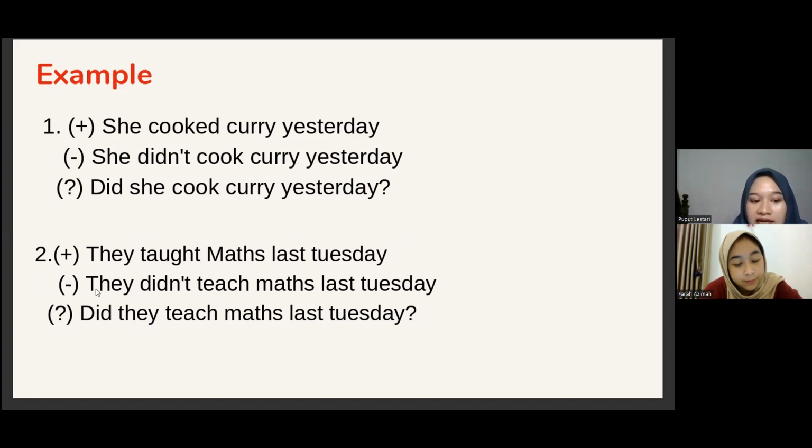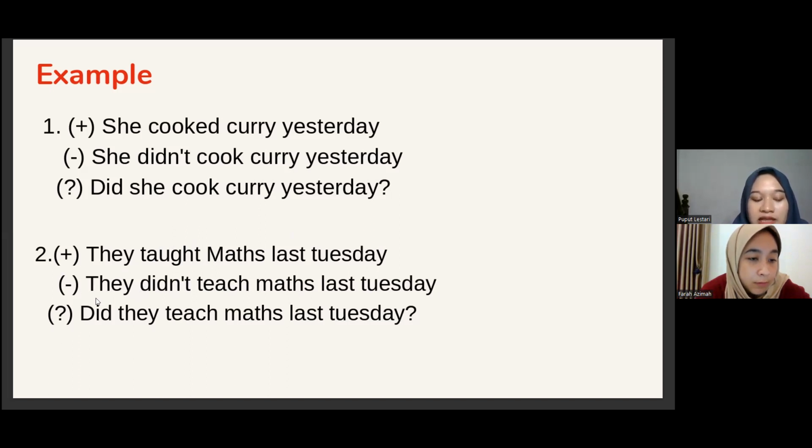And then in the negative sentence, they is the subject, add didn't because it is negative, and then verb 2 moves to verb 1, taught becomes teach, because it is negative we must use verb 1. And then math is the object, and last Tuesday is the complement.